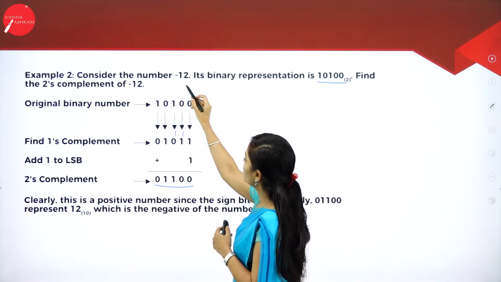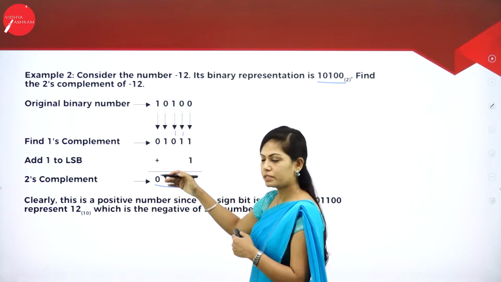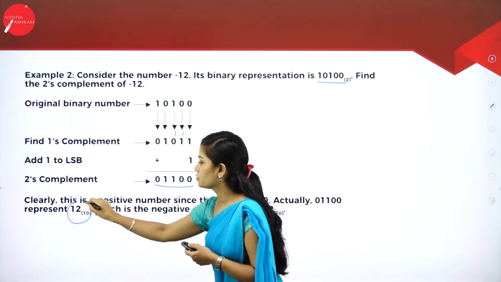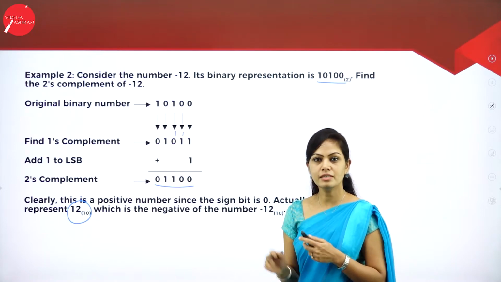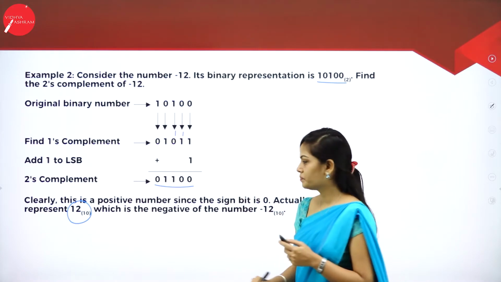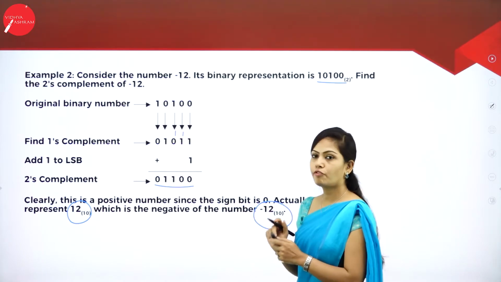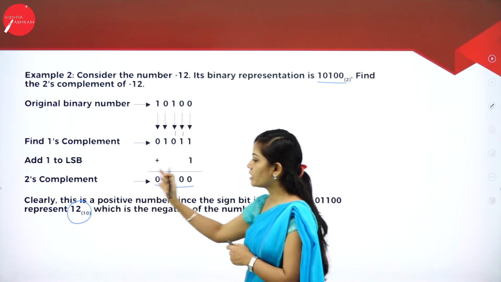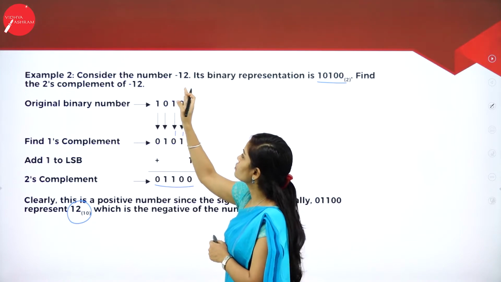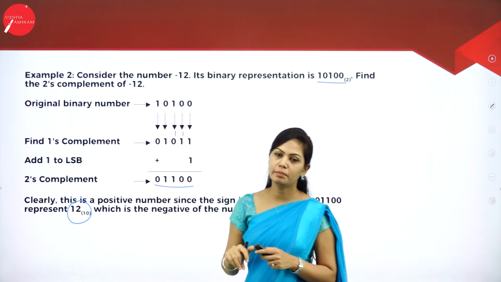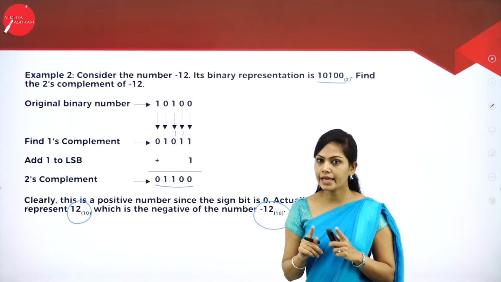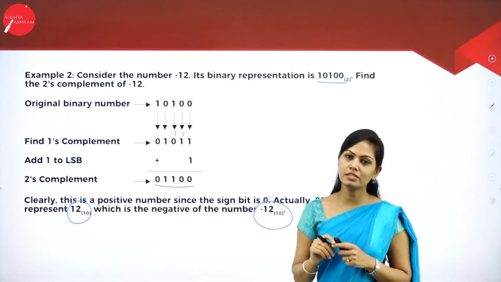So for minus 12, using the 2's complement method, we got plus 12. Clear? This is called the negation method, which is the negative of the number minus 12. So finally we got the plus 12 value from minus 12 using the 2's complement method. This is called negation using the 2's complement method.